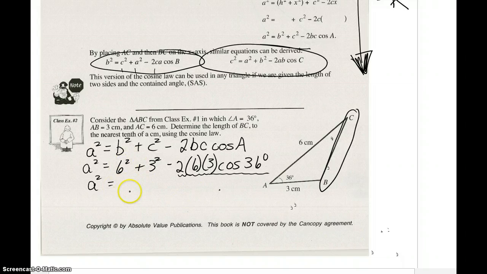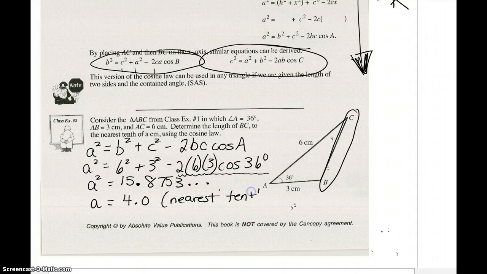So once you do all of that, and I would like you to take a moment to try that on your calculator, 15.8753... There's a few more digits after that, but it does say in the question that we need to take it to the nearest tenth. So A is going to equal the square root of the 15.8753, I should get 4.0, and that's to the nearest tenth.